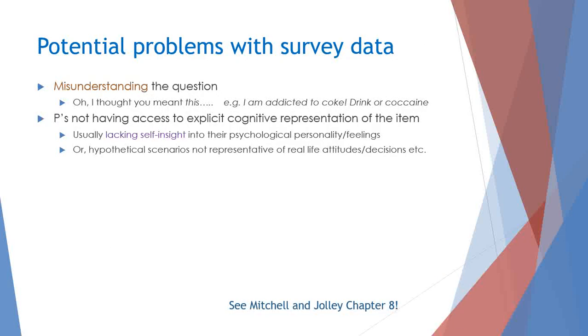Alright. Another problem is that participants might not have access to an explicit cognitive representation of the item. It's usually that they lack insight into their psychological perspectives, their personality, their feelings, or that they just haven't completed many surveys. There's often a practice effect with surveys. Now, there are certain psychiatric conditions, and I'm speaking initially to the clinical students here, but you know that there are certain personality disorders, particularly borderline personality, where their self-image fluctuates quite considerably, as well as their image of others.